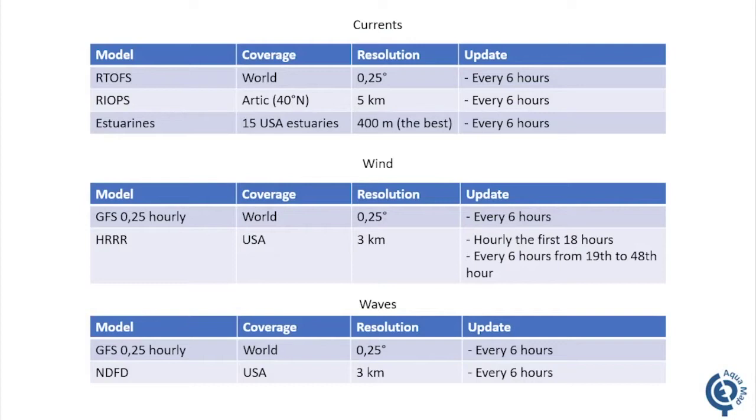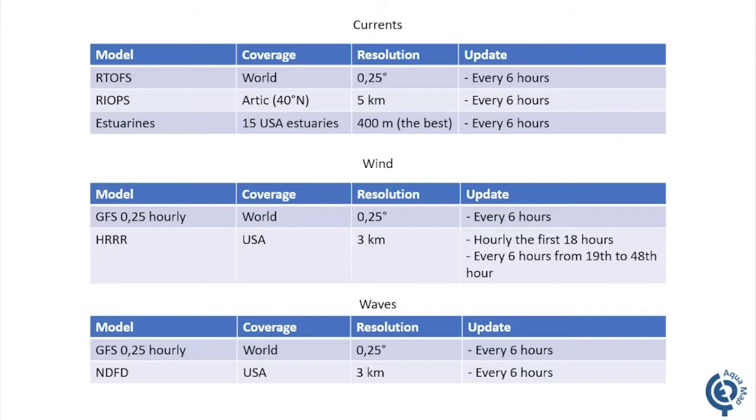For currents, we have the RTOFS that cover all the world ocean currents, with a resolution of around 25 kilometers, and it is updated every 6 hours. For the Arctic area, we have a better model with a resolution of 5 kilometers.